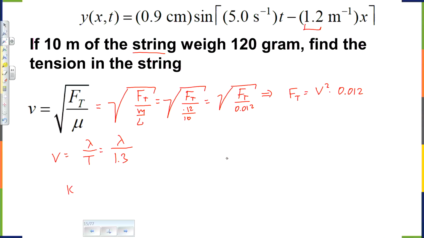The wave number is related to, or you can remember again, this relationship like this. The product, k and lambda, is constant. So we can use this for calculating lambda, 2 pi over 1.2.